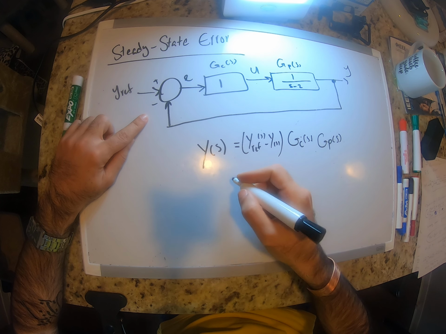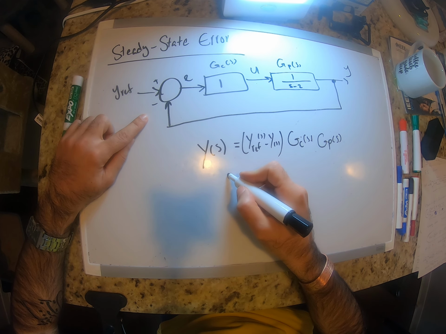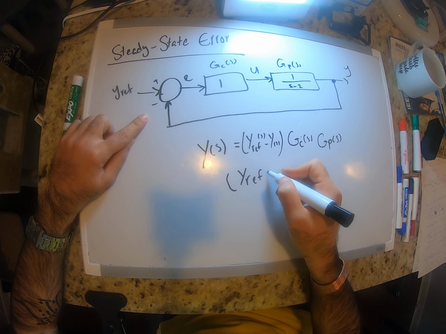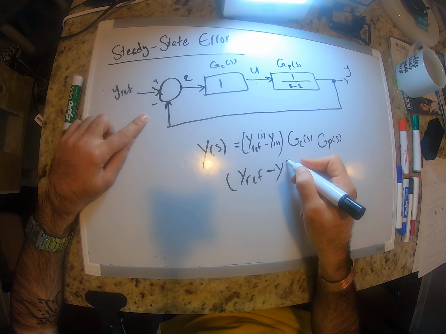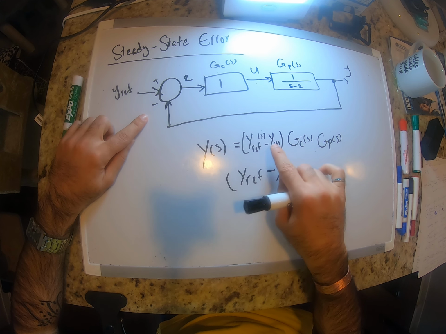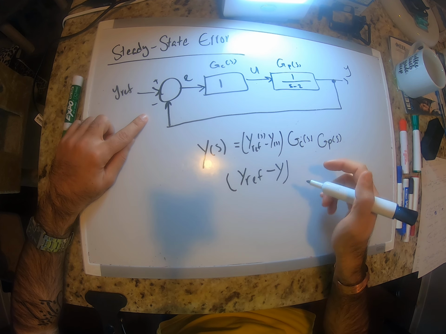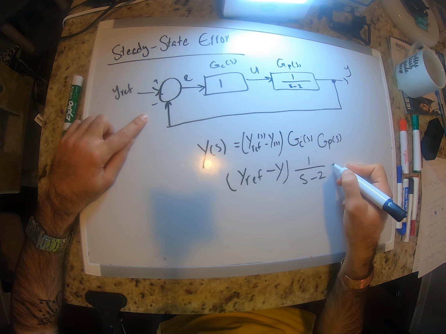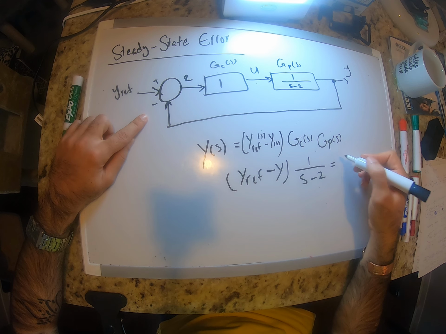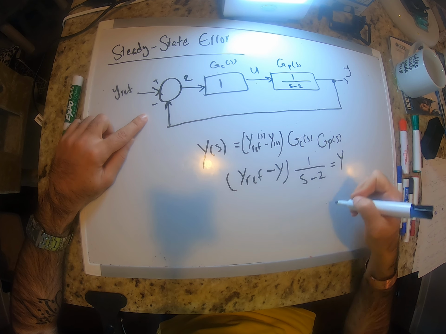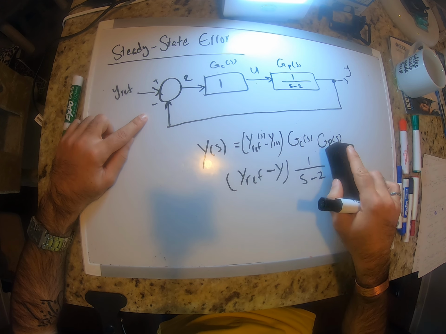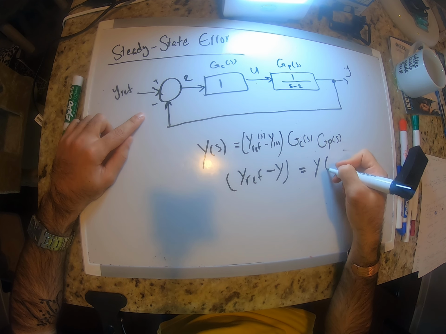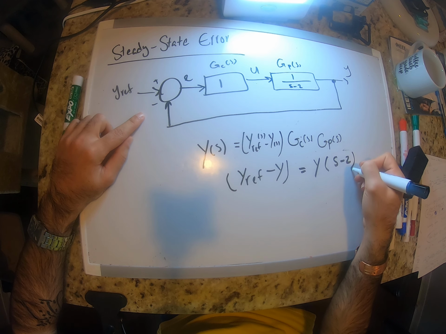Let's just put what we have here. So Y reference minus Y, I just didn't write the S variables here, times 1 over S minus 2 is equal to Y. Let me write this as Y times S minus 2.